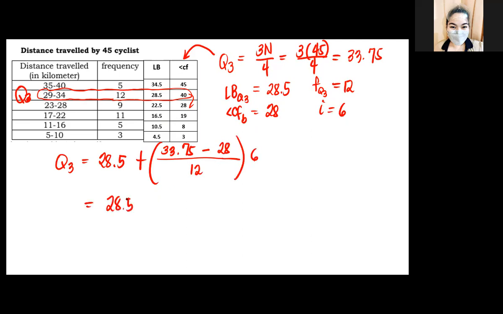We have 28.5 plus, subtract natin ito, magiging value 5.75. Divide natin sa 12, tapos multiply natin sa 6. What is 5.75 divided by 12 times 6?